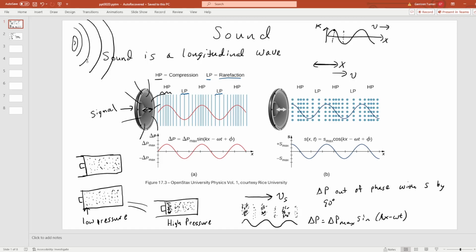Now, when you speak, you don't have a speaker cone in your throat, but you have vocal cords. And instead of a speaker cone vibrating back and forth, your vocal cords are vibrating back and forth. Now, when you hear a complex piece of music through a speaker, you don't just have this constant tone.